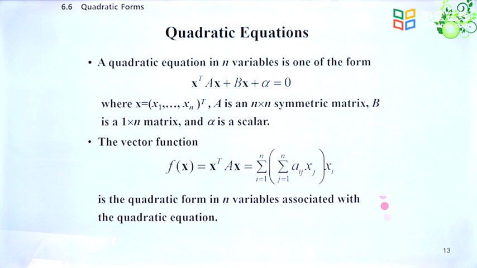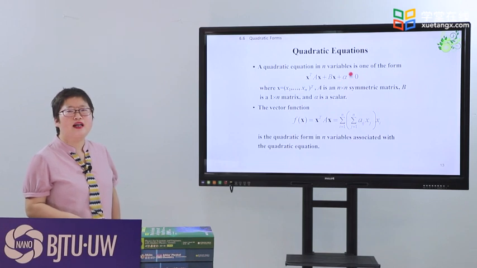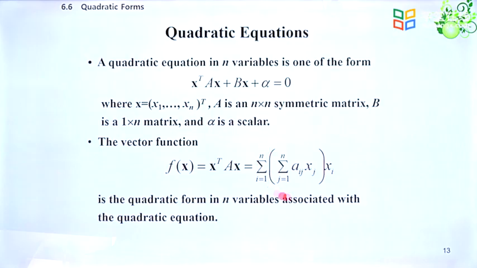Alpha is a scalar. So the function f of x equals x transpose times A times x, which equals this summation, is a quadratic form in n variables associated with the quadratic equation. So this is also a quadratic form for n variables.